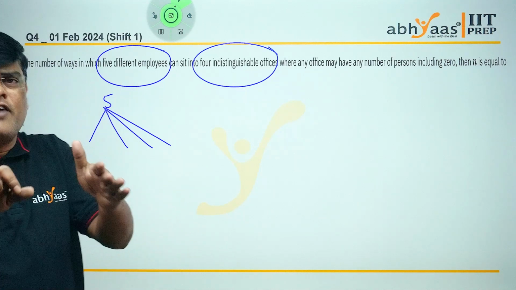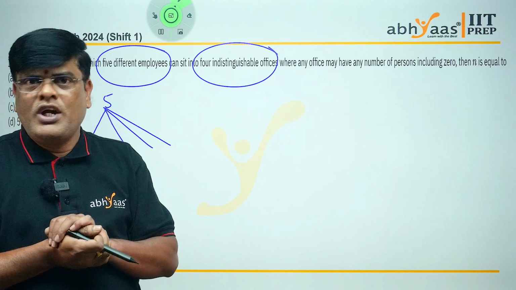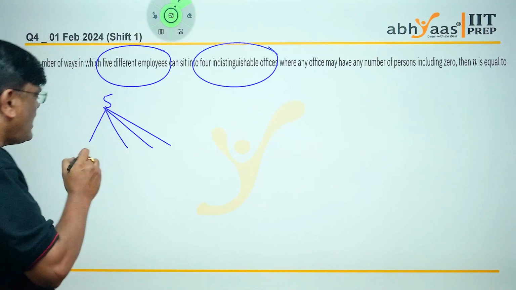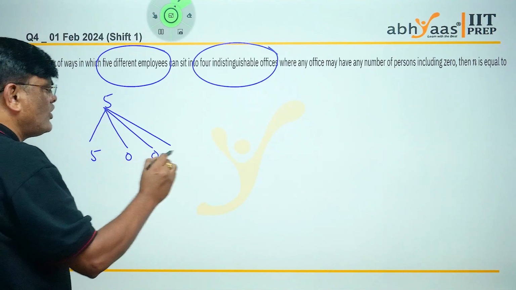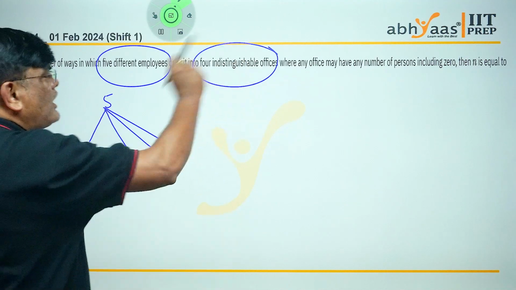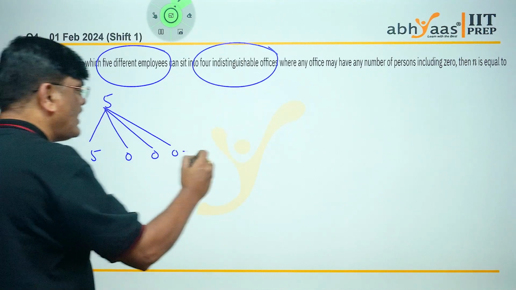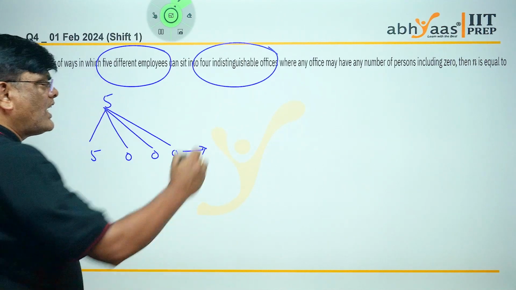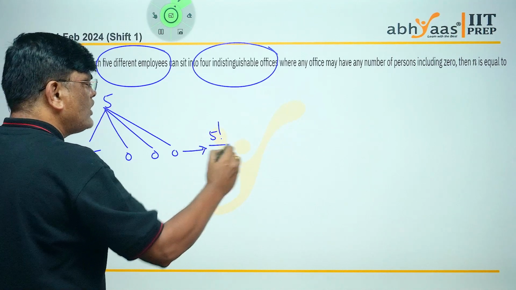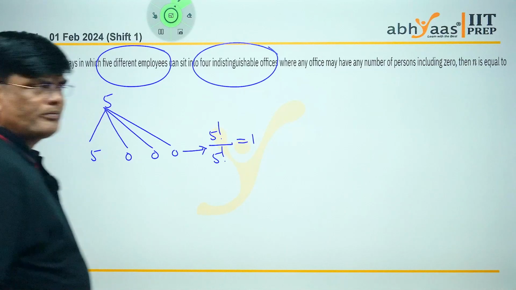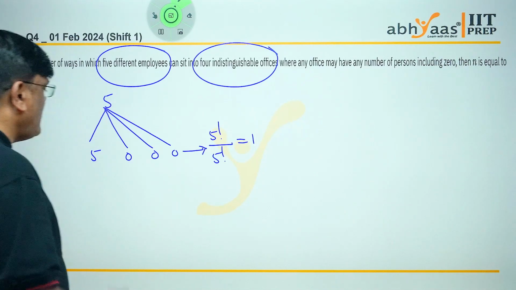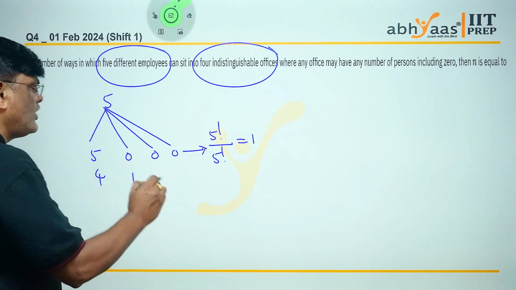That means here we apply the division rule. One way is dividing 5 employees into 5, 0, 0, 0. Now these are different offices, so we can arrange these. In how many ways? Here 5 factorial by 5 factorial, that is 1. Next, another way is 4, 1, 0, 0.